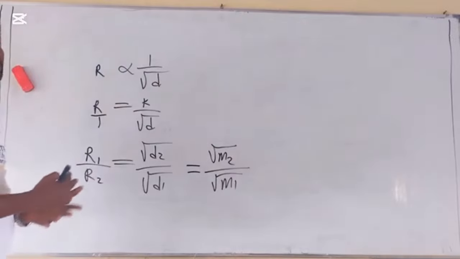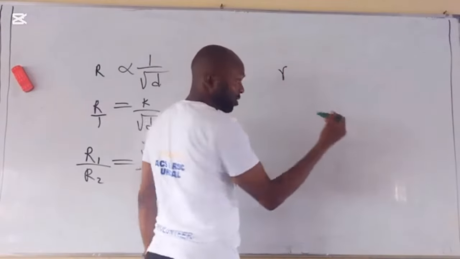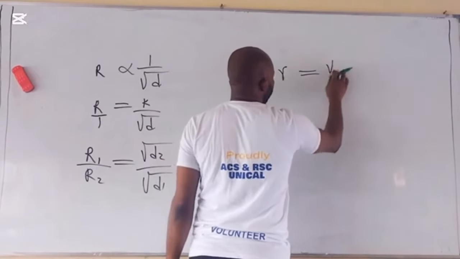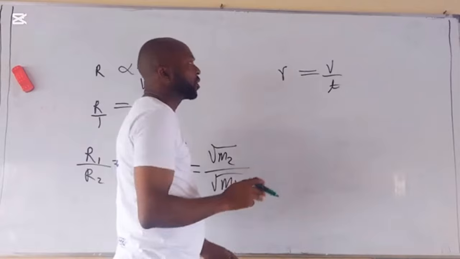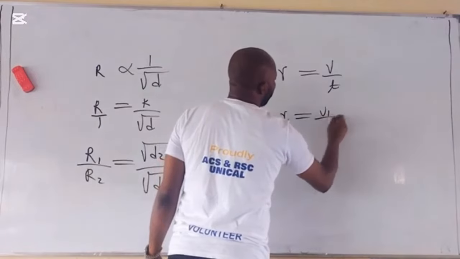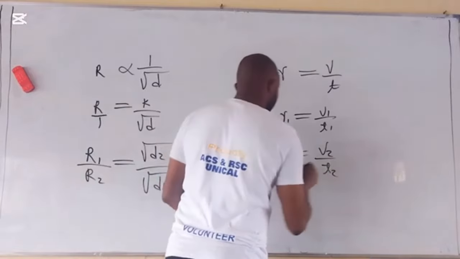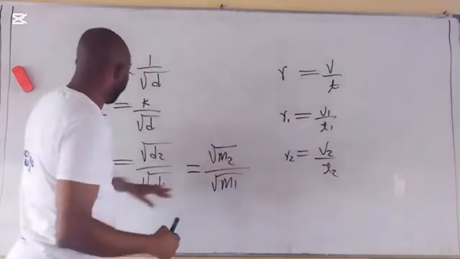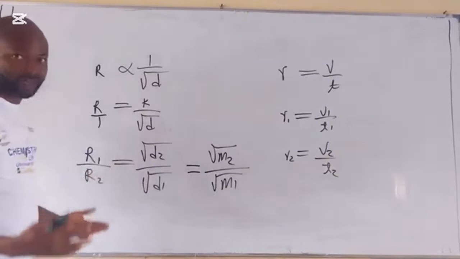It is pertinent that we don't forget another formula: the rate, let's call it R1 of gas 1, will be equal to V1 over T1. So if we are dealing with two gases, R1 will be V1 over T1 and R2 will be V2 over T2. This can be substituted in a place where we see R, if the question encompasses that.